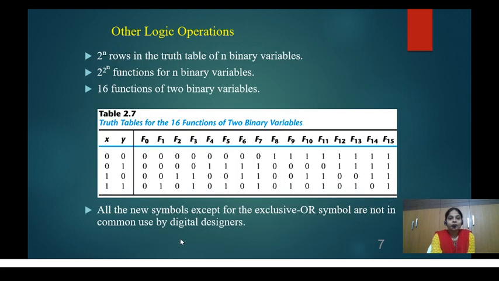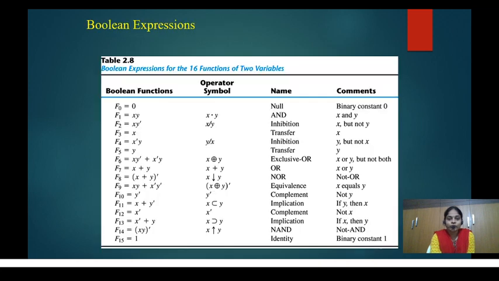Next, other logical operations: 2 power n rows in the truth table of n binary values, as we discussed before, and 2 power 2 power n functions for n binary values. These are the Boolean expressions we have seen: equivalence, NOR, NAND, everything we have seen already.